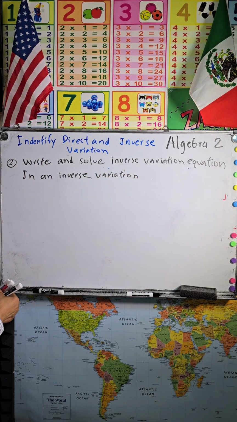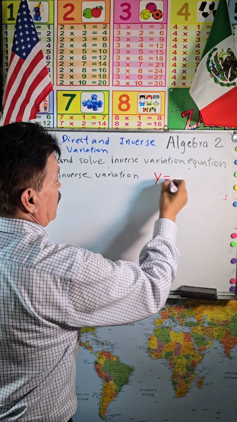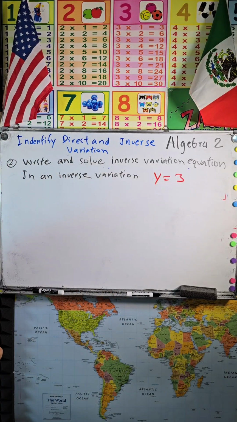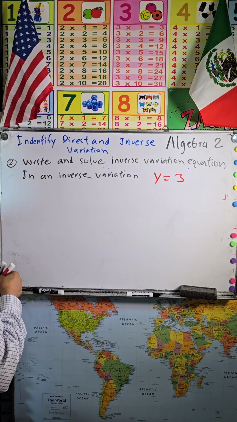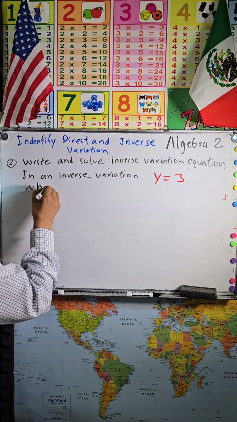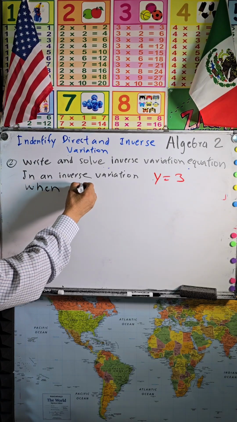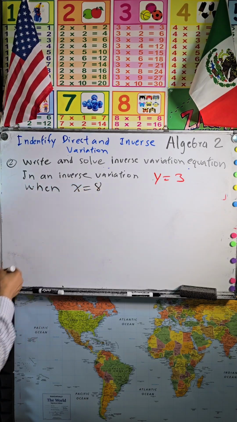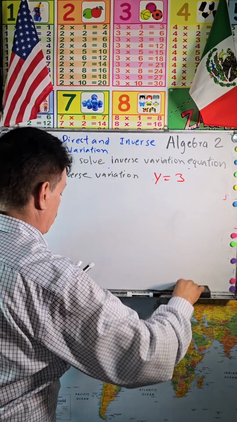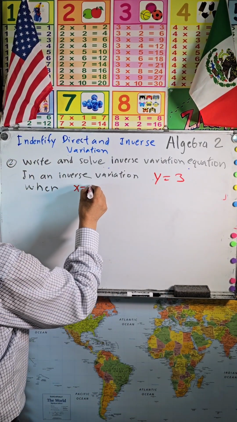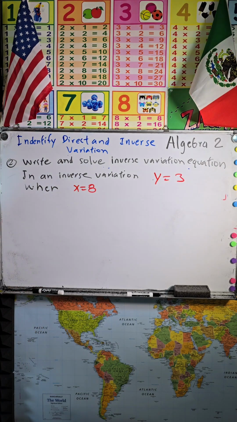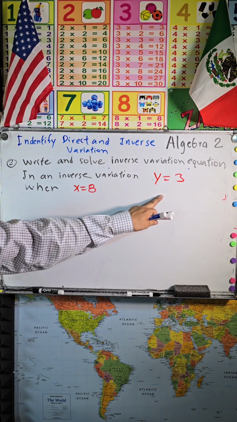We have y equals 3 when x equals 8. Let me use a red color here. All right, this is the data right there. So we'll write an inverse variation equation that shows the relationship between x and y.